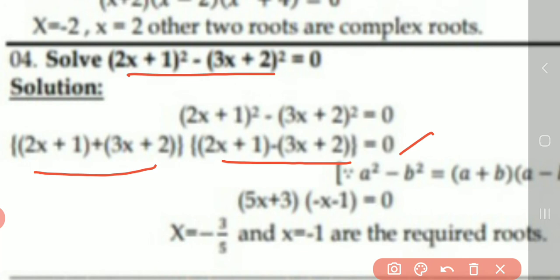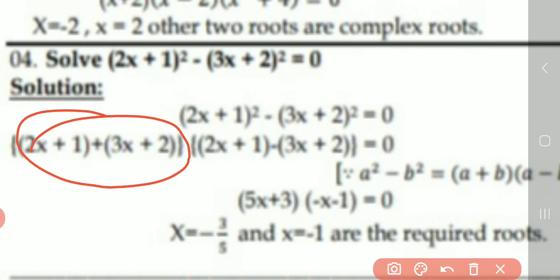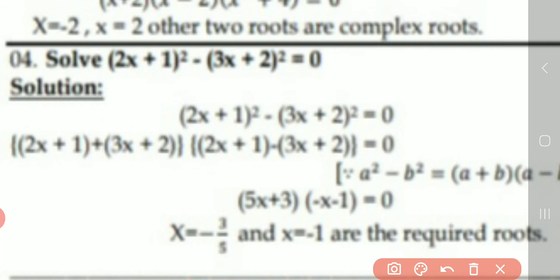If you simplify, the first factor is 5x + 3, and the second factor is −x − 1 = 0. From this we can find the value of x: x = −3/5, and from the other, x = −1. So we got two values, x = −3/5 and x = −1, which are the required roots.